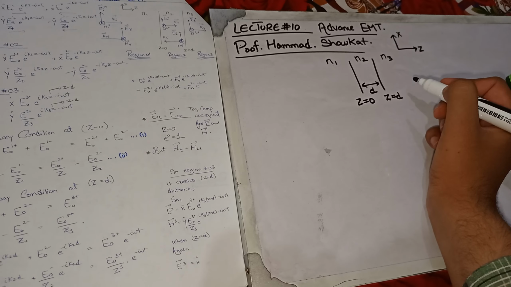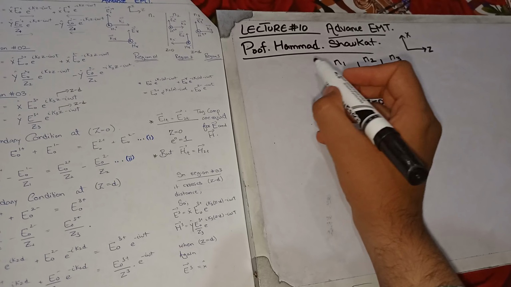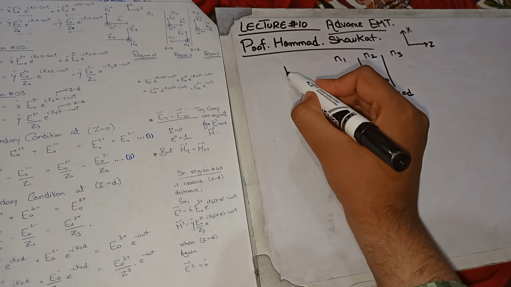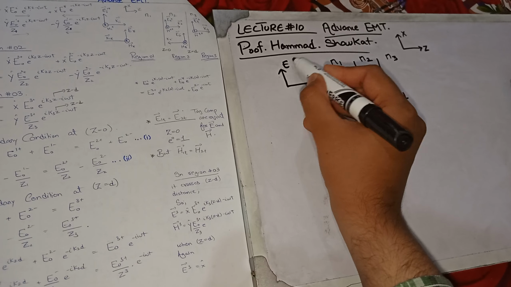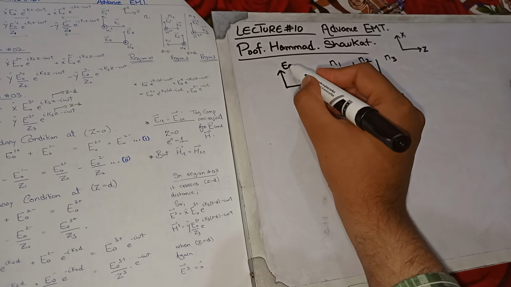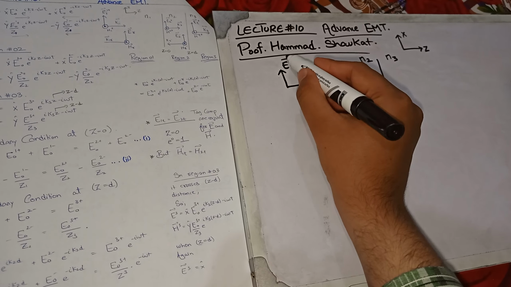So a wave is coming, an electric wave, with the electric field in this direction. Because this is the initial wave, you can say E_i.